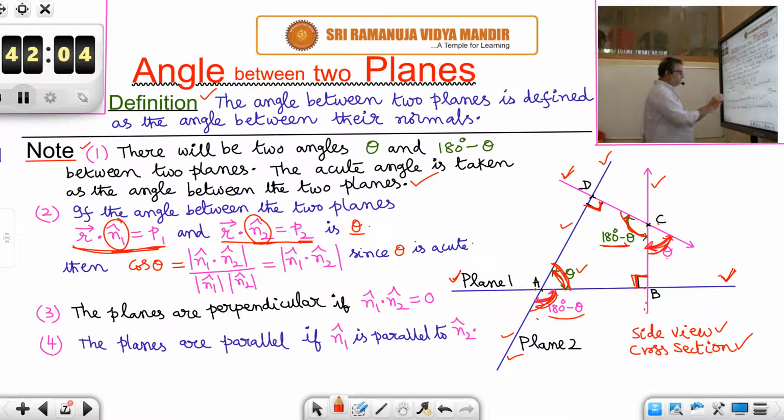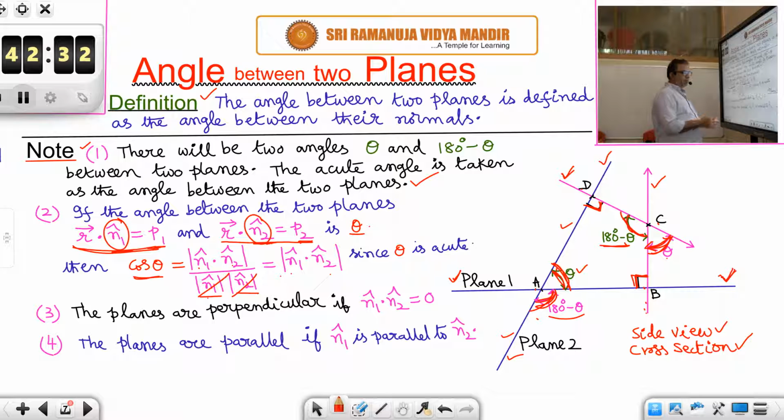So therefore here cos theta will be n1 cap dot n2 cap by mod n1 cap mod n2 cap. But mod n1 cap is one unit, mod n2 cap is also one unit, because they are unit vectors. So therefore cos theta is equal to n1 cap dot n2 cap.